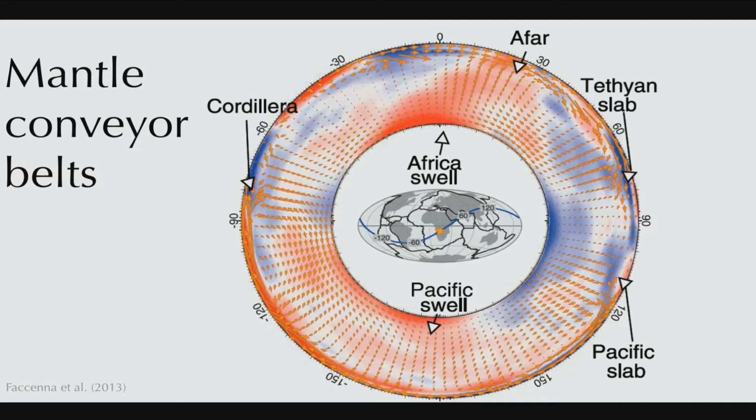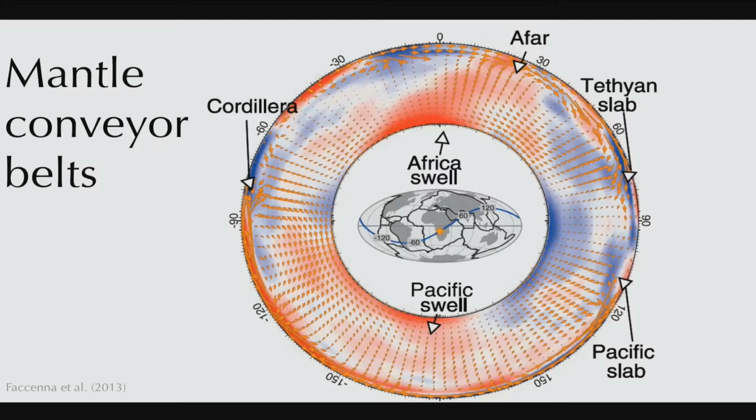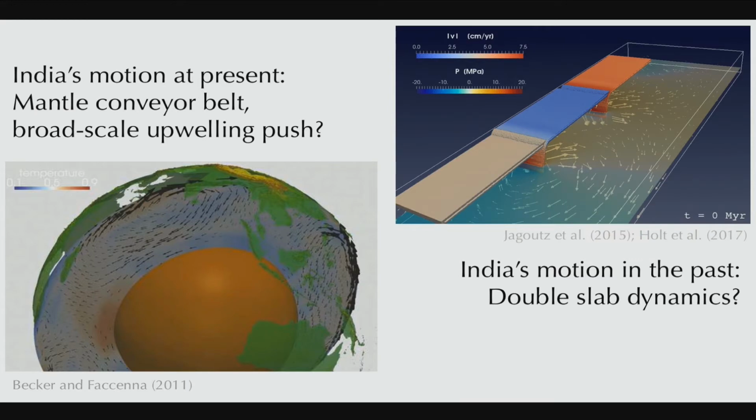And so we think that, for example, at present, there are these large-scale systems of mantle conveyor belts, one being an upwelling underneath the African swell that's connected to the Tethyan slab, another one being an upwelling underneath the Pacific that's connected to the Cordillera, the subduction underneath South America. And so you can then wonder about the relationship between the cold downwelling limbs and the hot broad upwellings that are perhaps related to those.